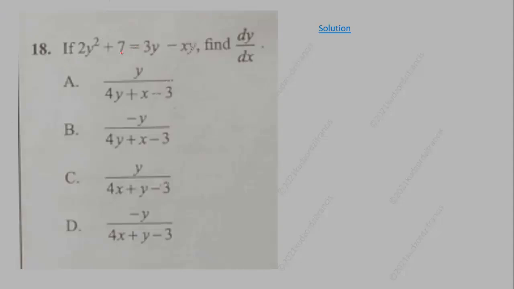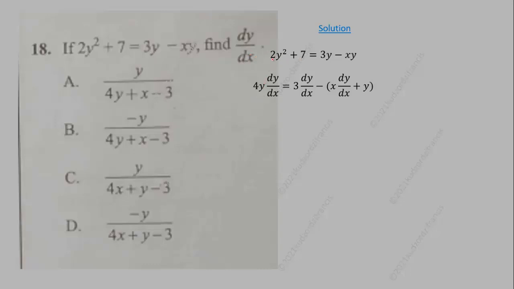If 2y squared plus 7 is equal to 3y minus xy, find dy/dx. So this is on implicit differentiation. We have 2y squared plus 7 is equal to 3y minus xy. We differentiate implicitly.